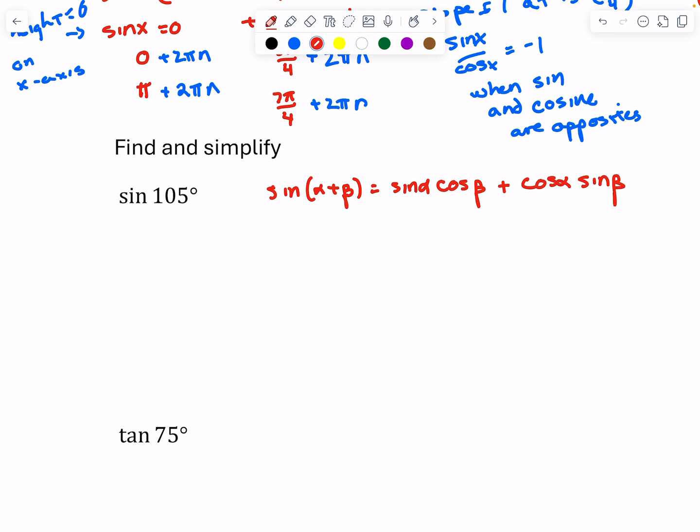Okay, so you have to break out 105 degrees. That's 45 plus 60. You can do it with angle addition or subtraction, doesn't really matter. There's actually always infinitely many ways you can do this.